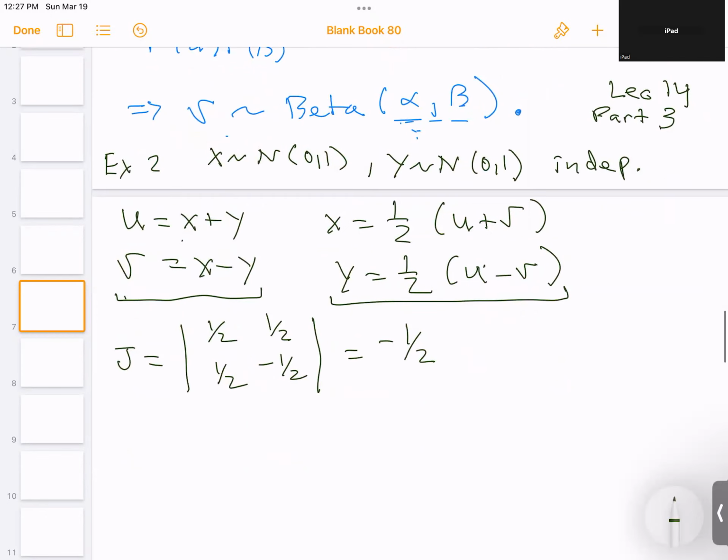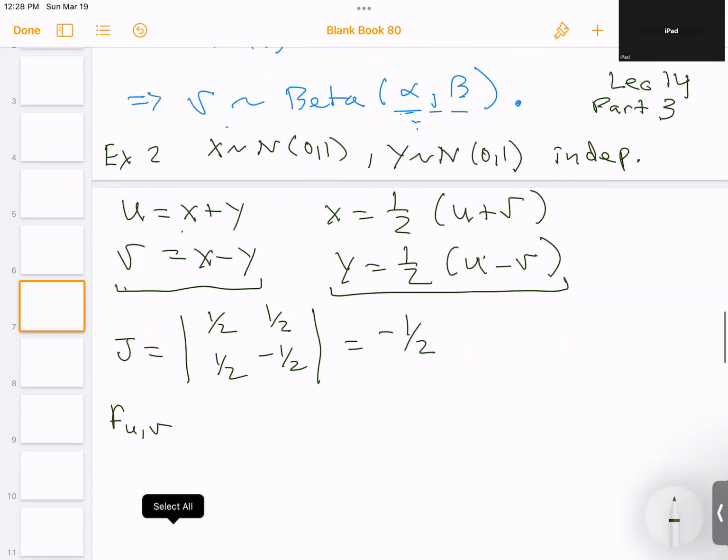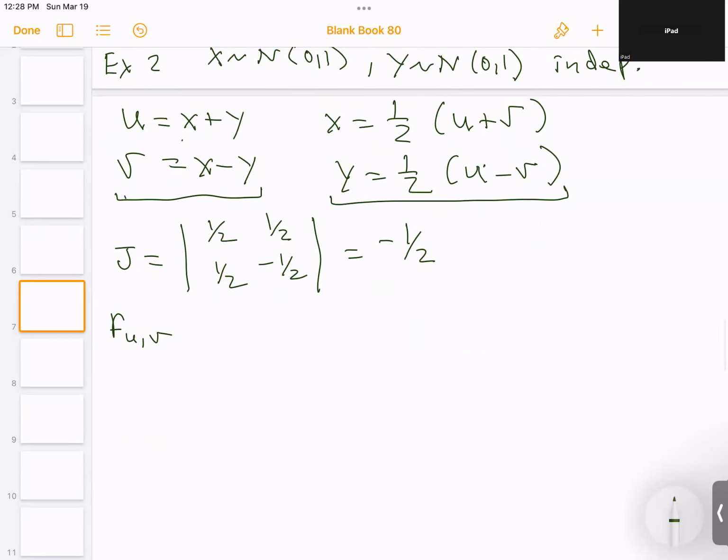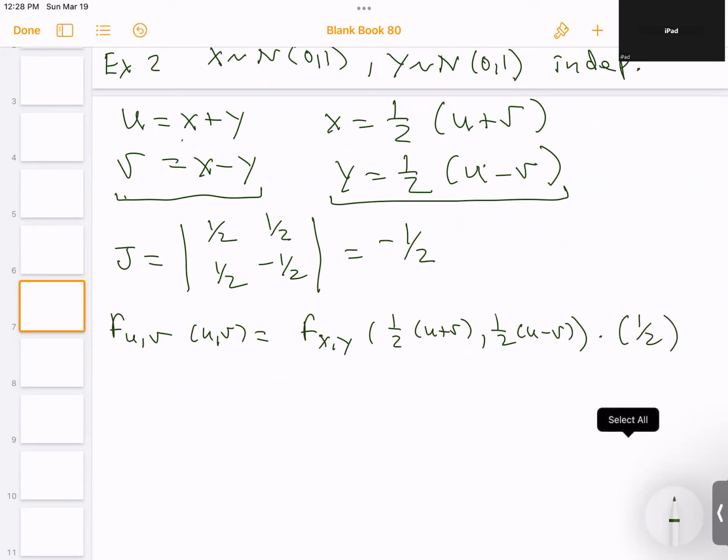So I'll take the absolute value of that in my joint PDF. So f_UV, and in here I put 1/2 times 1/2, the absolute value of J. Okay, and since these are independent, it's just the product of the marginal distributions.